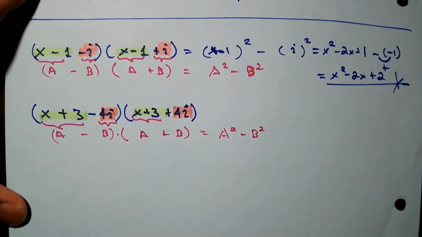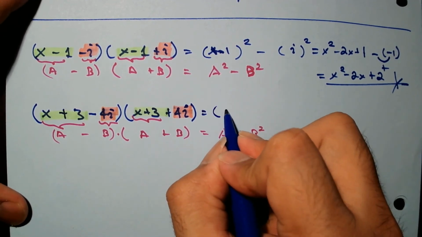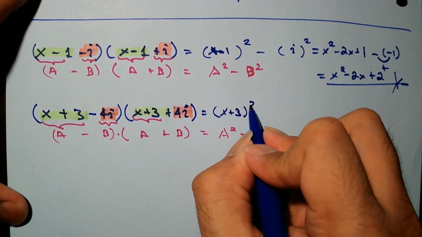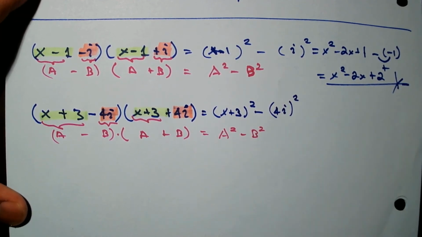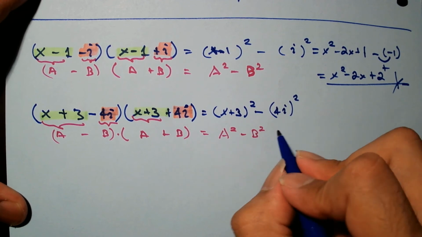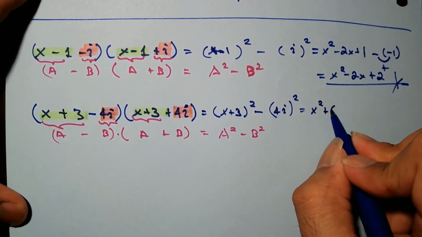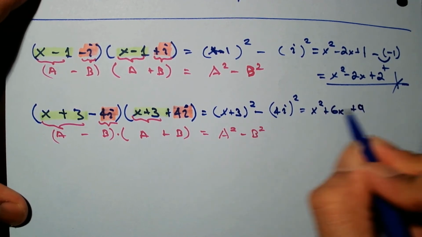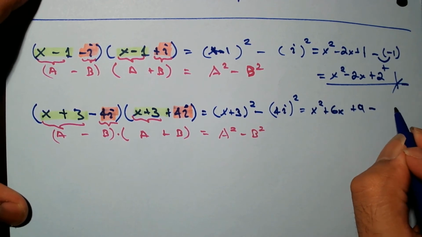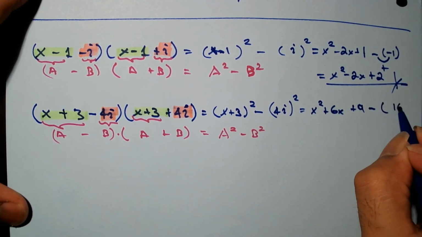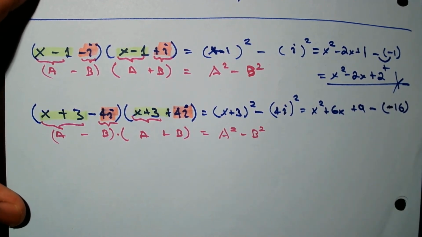All right. So I'm going to square x plus 3, minus 4i squared. Okay. So this will be a perfect square trinomial, x squared plus 6x plus 9, minus 4 squared, which is 16, but this i squared is going to be a negative 1.